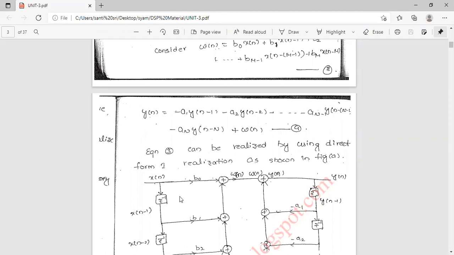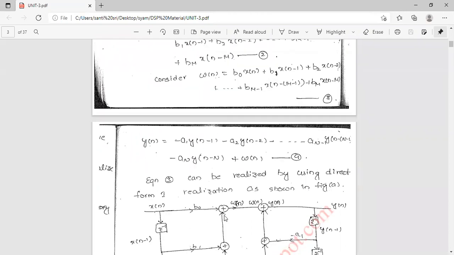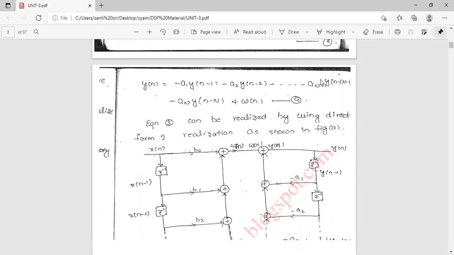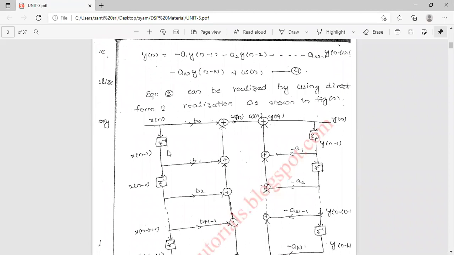Plus b1 into x of n minus 1. See equation number 3: b1 into x of n minus 1 plus b2 into x of n minus 2, right? So b1 into x of n minus 1, b2 into x of n minus 2.